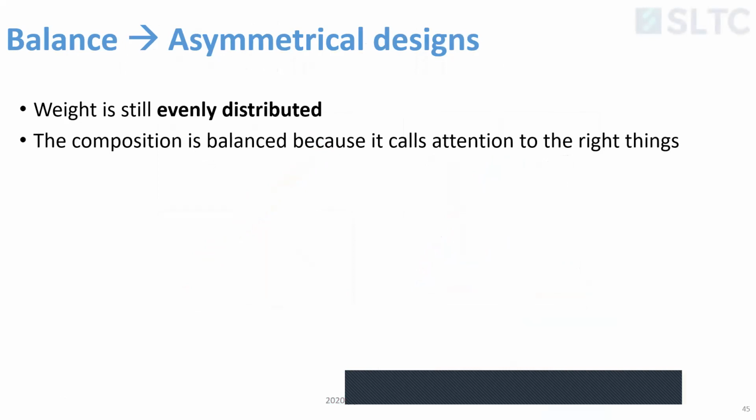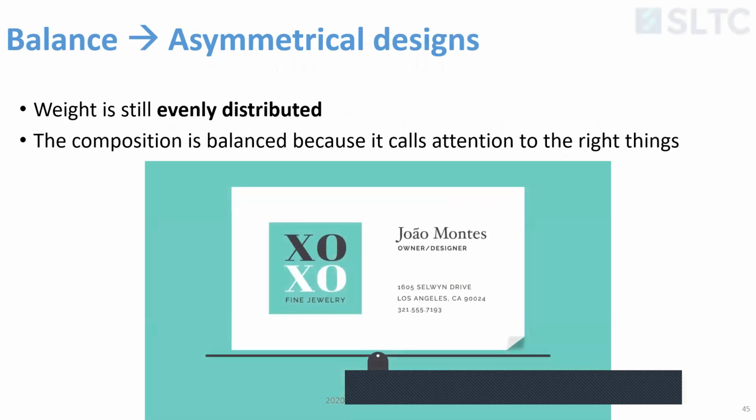What do you mean by asymmetrical balance? Well, things are still balanced. They are still evenly distributed, but look at this one. We are not using the same objects to balance, right? Here we have a rectangle with some text. On the right-hand side, we have text, but it has nothing to do with the box here. But look carefully. Look at the line here.